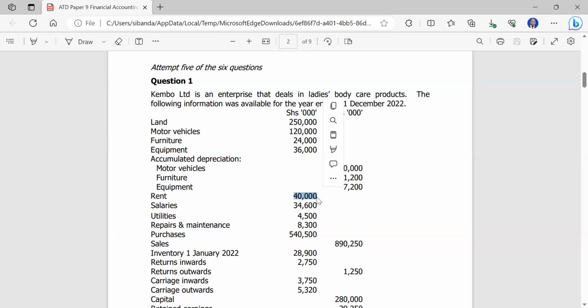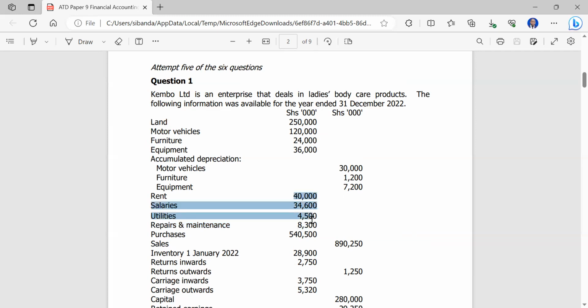But in case this 40,000 was on the credit side, then this would have been an income, because incomes have a normal credit balance, while expenses have a normal debit balance. So these are expenses. So we have 40,000, 36,500 repairs and maintenance.